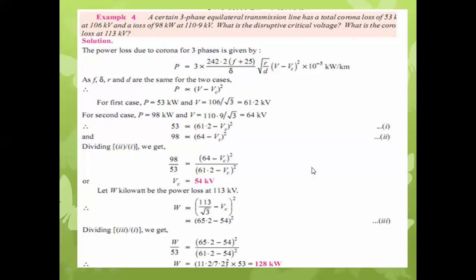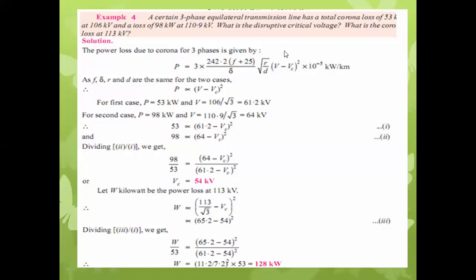(a minus b) whole square is a square minus 2ab plus b square. So 64 square minus 2 into 64 into Vc plus Vc square, divided by 61.2 whole square minus 2 into 61.2 into Vc plus Vc square.